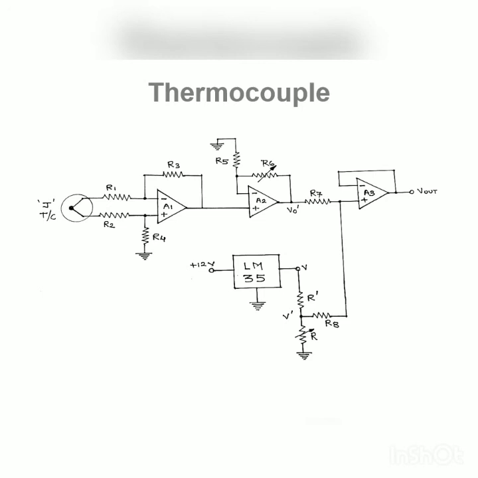So VO dash will be the output obtained from the two stages without cold junction compensation, and LM35's output attenuated to 1 millivolt per degree Celsius is the cold junction compensation.